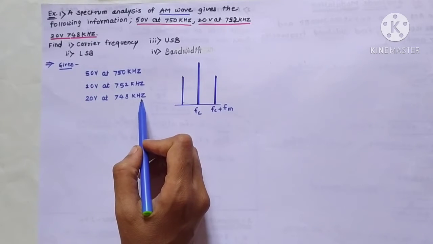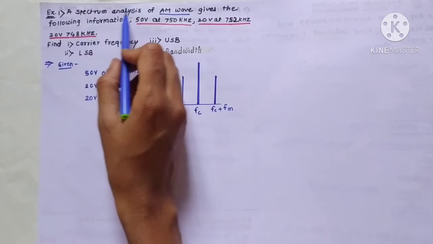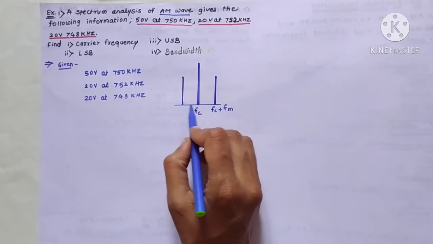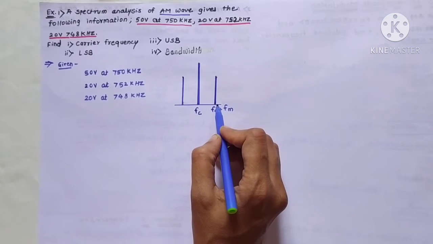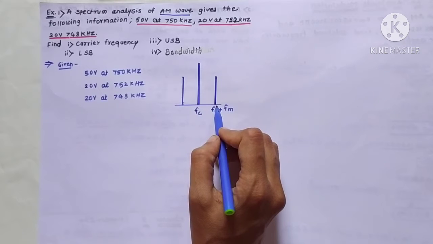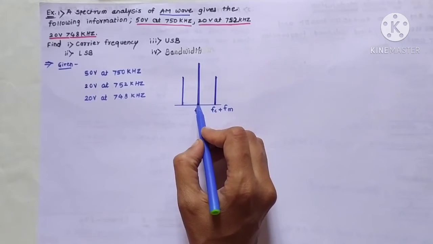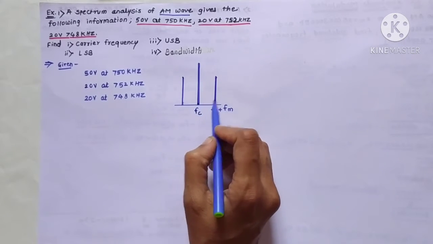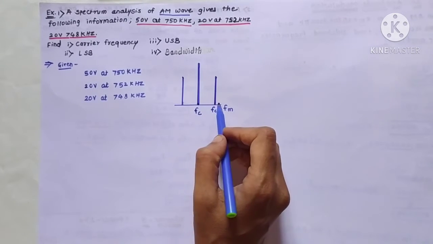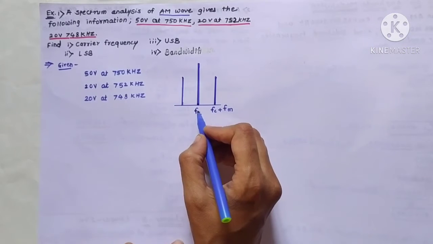As the problem is about the spectrum analysis of an AM wave, and we know that this is a spectrum of an amplitude modulated signal, this AM signal consists of three terms, two side bands and a carrier signal having frequency FC.